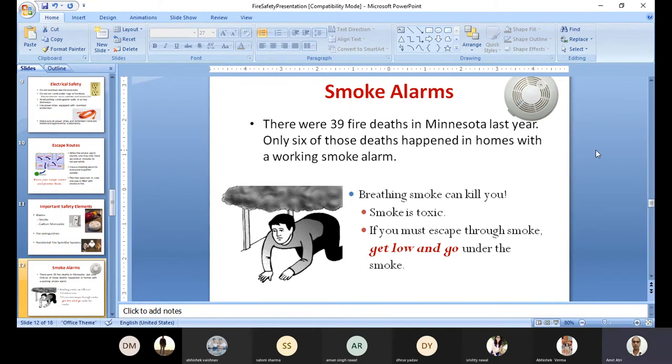It has an adverse effect on health. If you must escape through smoke, get low and go under the smoke. Try to avoid breathing in the smoke. Get low, like shown in this figure, in this image.